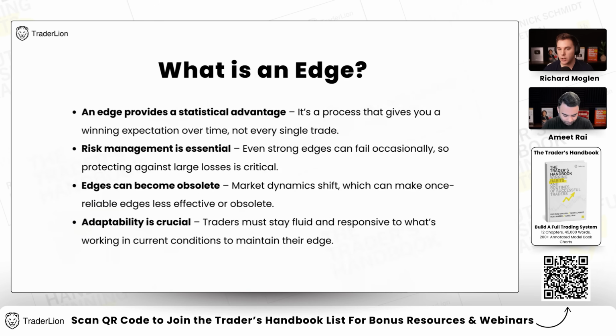There are times where relative strength is the key edge to focus on. After a market correction, after we bottom and come up strongly, that's when relative strength is really critical. Or during a short-term correction, that's also when relative strength is very critical. So you want to think about what is the most important edge that has been working well right now or in recent weeks, and that's probably the one to focus on in your trading.